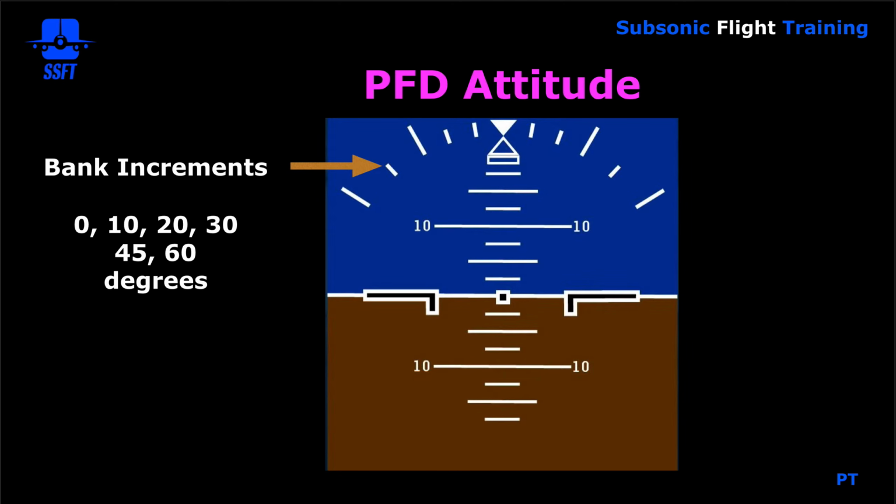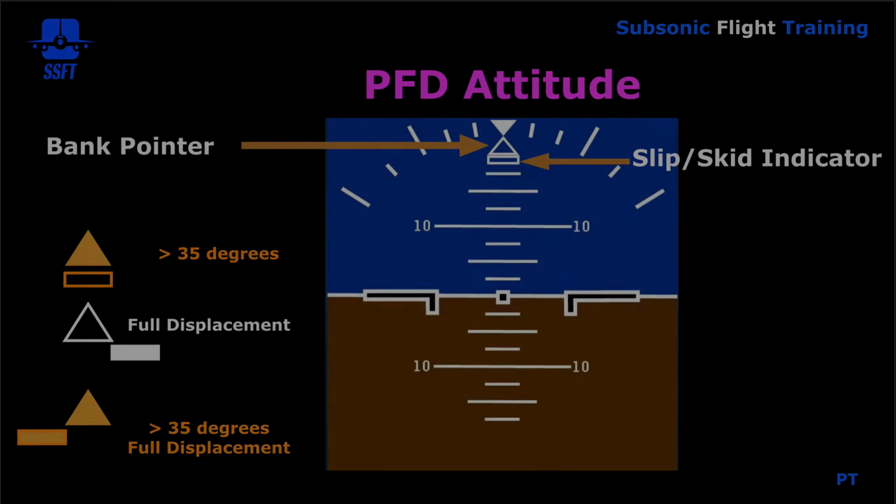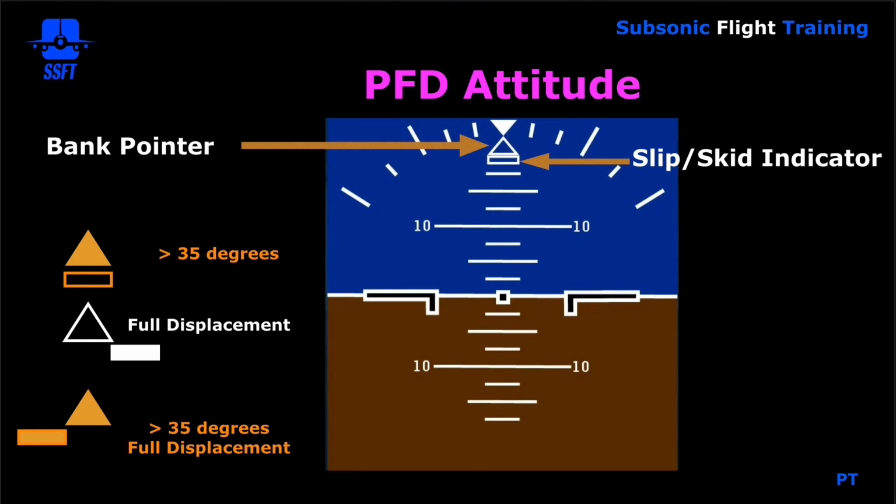The bank increments normally start at 0 degrees, and left or right they go to 10, 20, 30, 45, and 60 degrees of bank. The bank pointer is represented by a triangle at the top of the display, and when the bank pointer is lined up with the bank indicator, you're not rolling left or right.